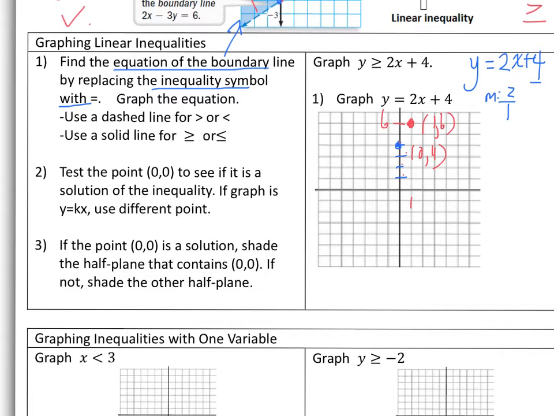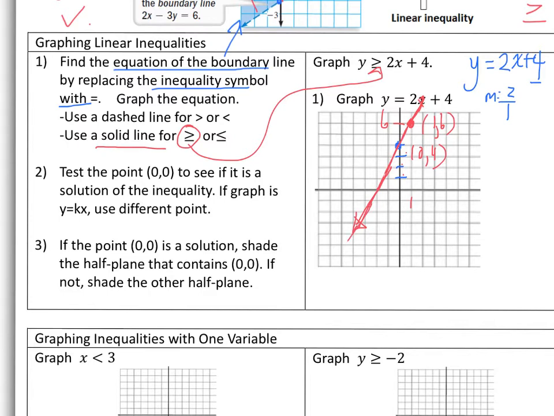And I can draw my line. As you can see, my line is solid because it's a greater than or equal sign.